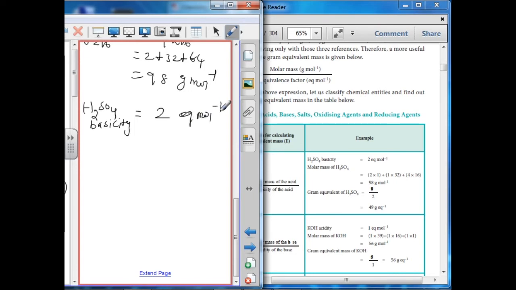The formula: gram equivalent mass of H2SO4 equal to molar mass divided by basicity of acid.